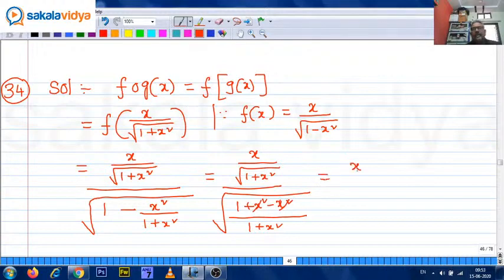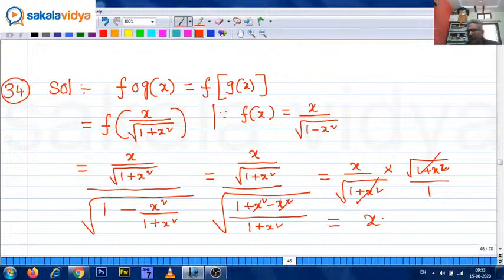This we can write x root of 1 plus x square times root of 1 plus x square by 1. So root of 1 plus x square gets cancelled. We have x. So x is the answer.